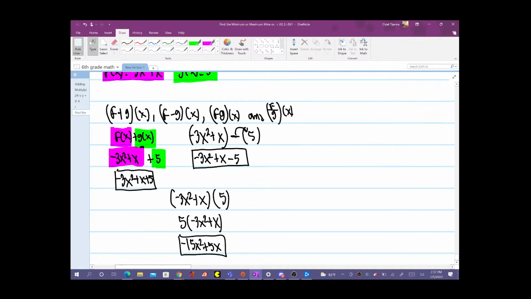F over g of x is going to be negative 3x squared plus x, all divided by 5. This is f over g of x. So really, it's not as hard. You just have to understand the signs and the operations with these. They're really not that hard, it's not as bad as we think.